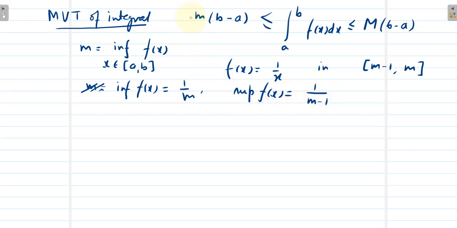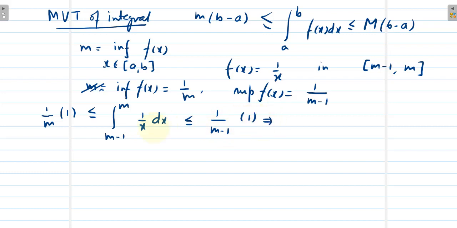And we directly substitute the values of infimum and supremum, and this function, along with the range of integration. From the mean value theorem, we get 1 over m into (b minus a), where b minus a is the length of the interval of integration, and that length is 1, is less than or equal to the integral from m minus 1 to m of 1/x dx, and it is going to be less than or equal to 1 over m minus 1 into 1.